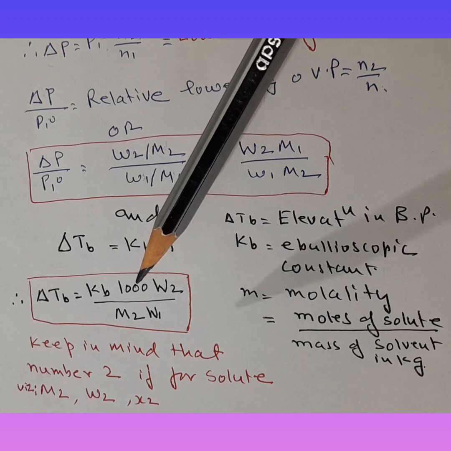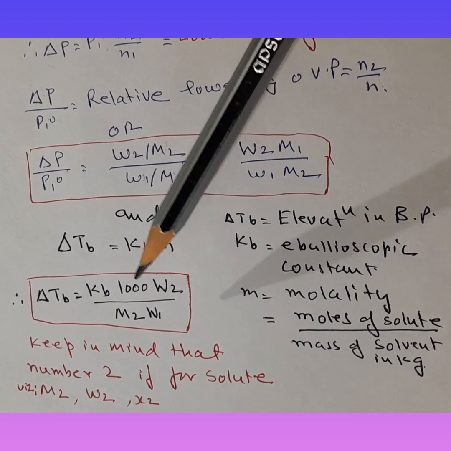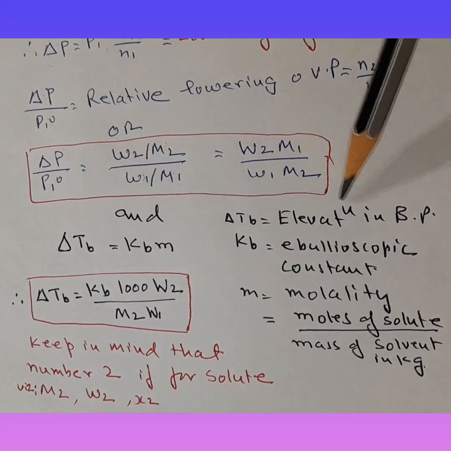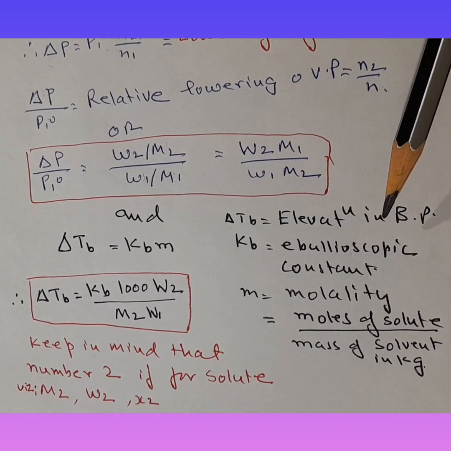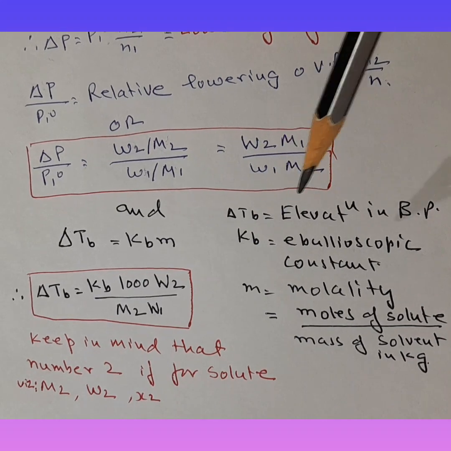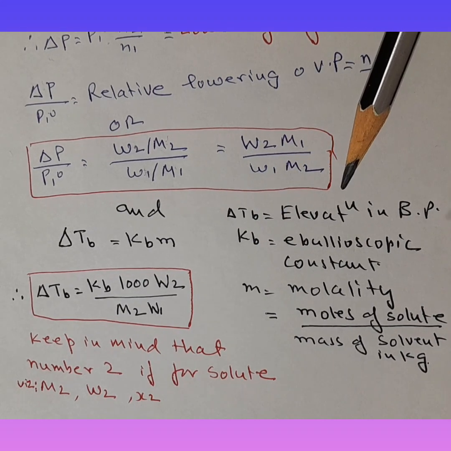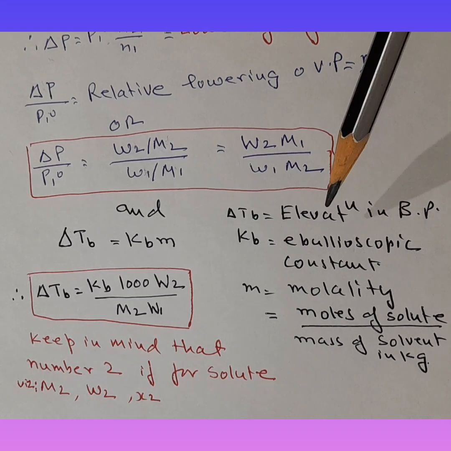If we have to heat it more, then the temperature also has to rise. So the temperature for boiling would rise, and there would be an elevation in boiling point. So whenever there is depression in vapor pressure, there is always elevation in boiling point, owing to the reason that I explained right now.